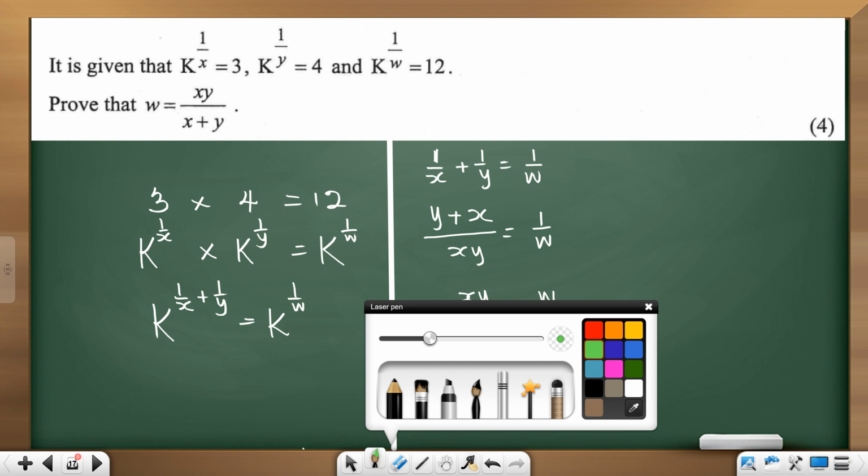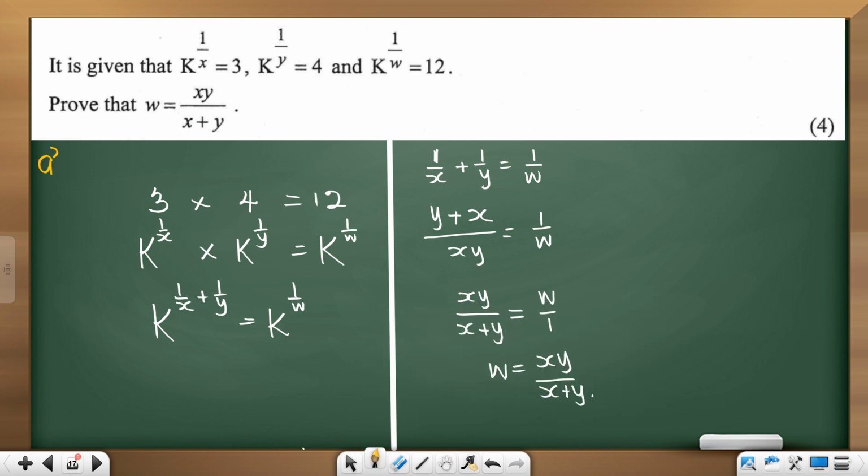If you are multiplying with the same base, what do you do? You add the exponents. If you remember, this is how we started. A to the power m times a to the power n is a to the power m plus n. So, k, same base. What do we do? We add: 1 over x plus 1 over y equals 1 over w.